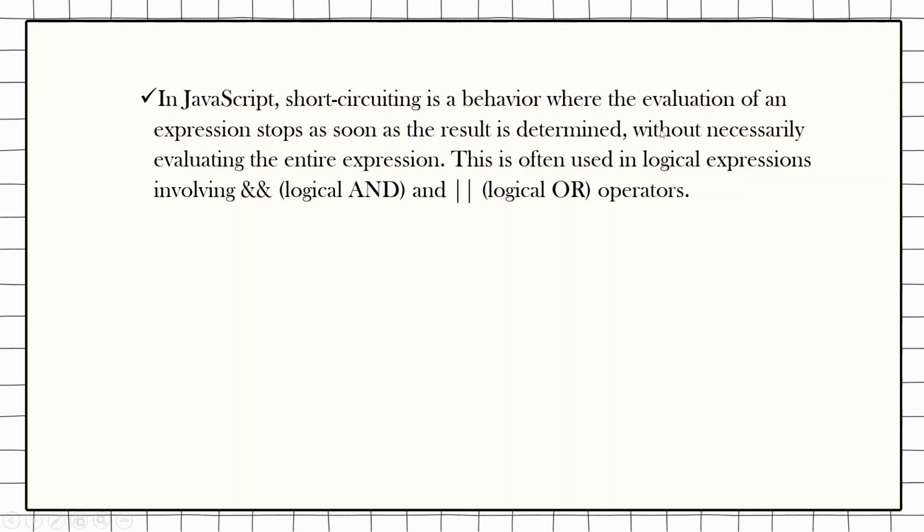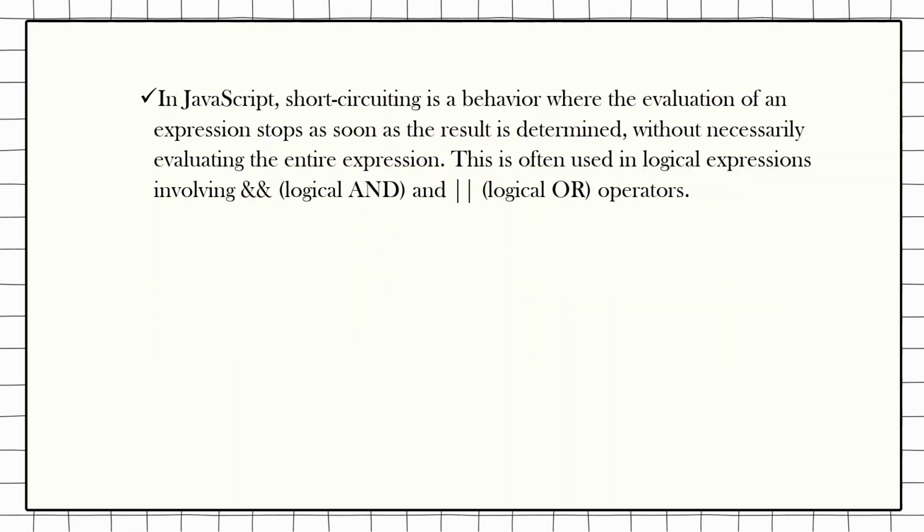That is the reason we do not have to perform the entire expression. As soon as the result is determined, we can stop the evaluation and print the result. This is often used in logical expressions, that is our AND and OR operators, which we have seen here.